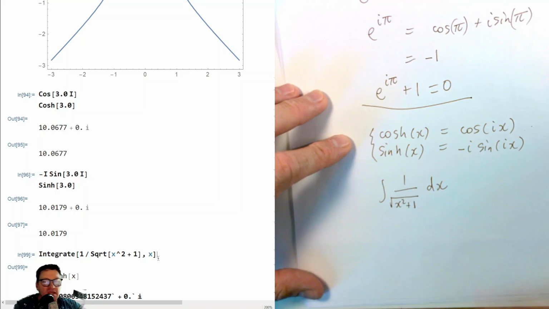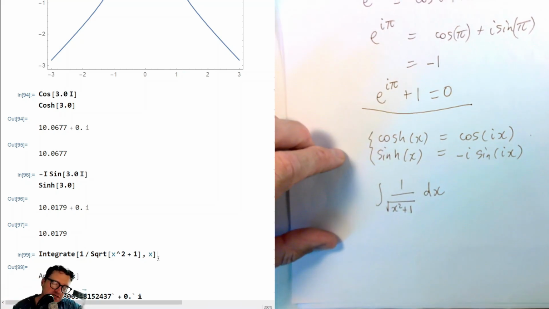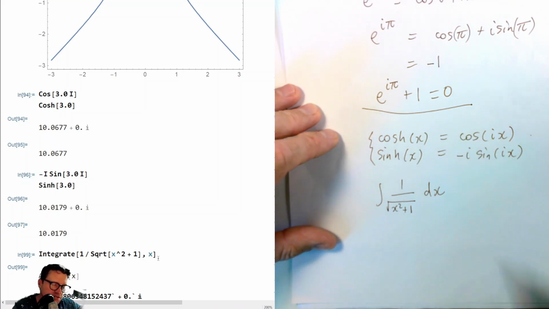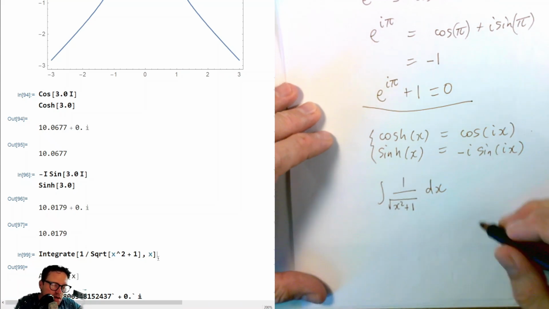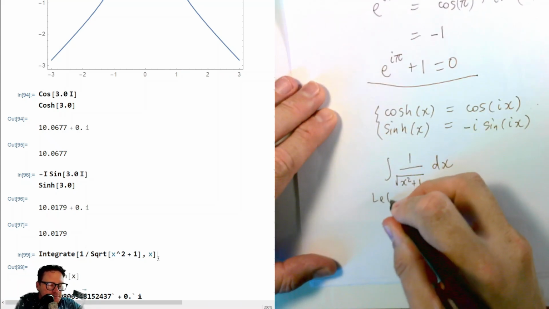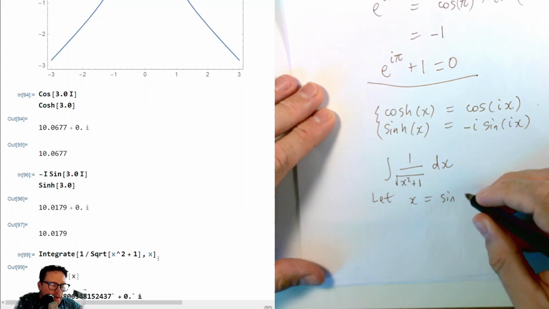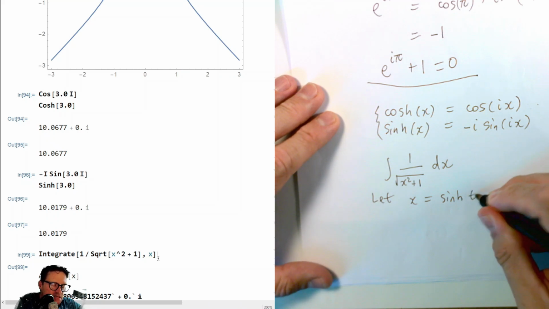So that's telling me that I should make a trig substitution. I say trig substitution because I loosely think of these as trigonometric functions, even though they're hyperbolic functions. So I'm going to say let x be equal to sinh of, say, t.